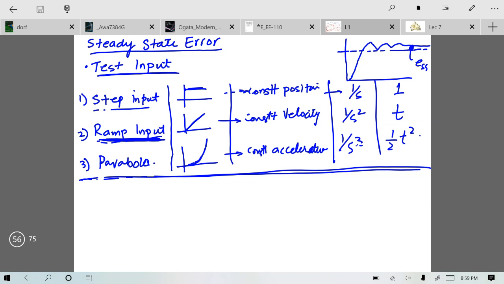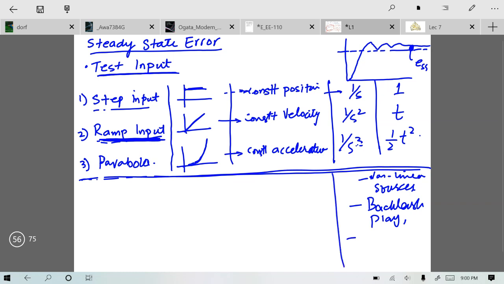There are actually many causes. Non-linear sources are one of the causes of steady state error. Another example is the backlash or play in the motor, or in a car steering, which is a source of steady state error.